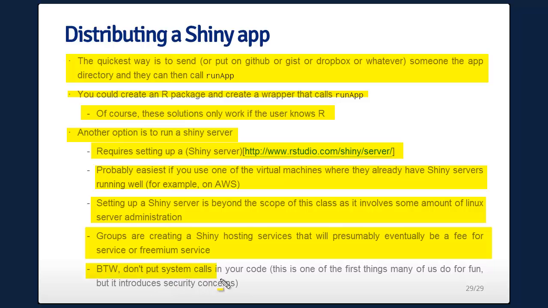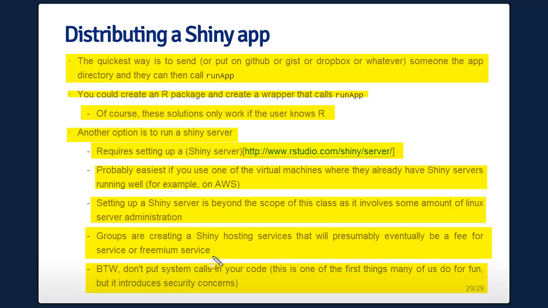By the way, if you're like me, one of the first things you did when you found Shiny is you tried to extend it kind of ludicrously, and R has this system call where you can call, for example, the Unix terminal. Don't do that. Don't put system calls in your code.